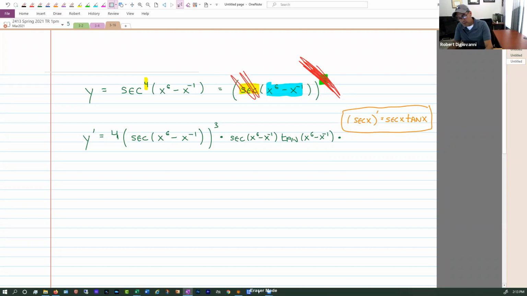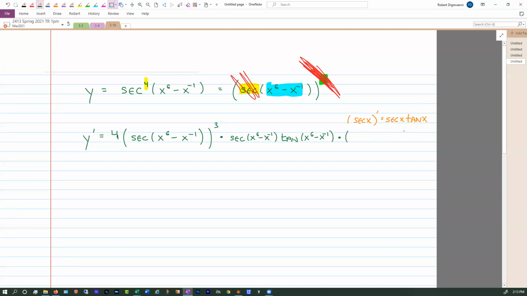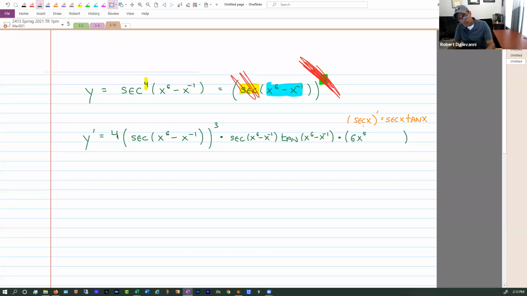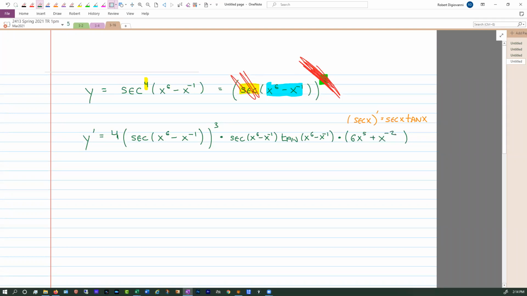What's the derivative of that last piece? So it's 6x to the 5th. Mm-hmm. And since it's negative, it's x to the negative 1, that would be plus x to the negative 2. Perfect. Okay, there we go. There's the derivative.